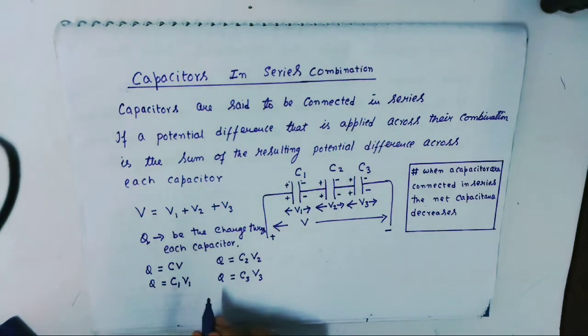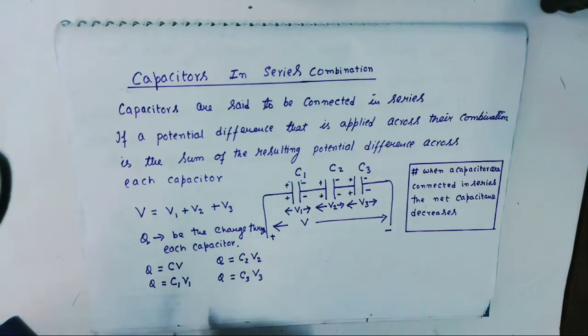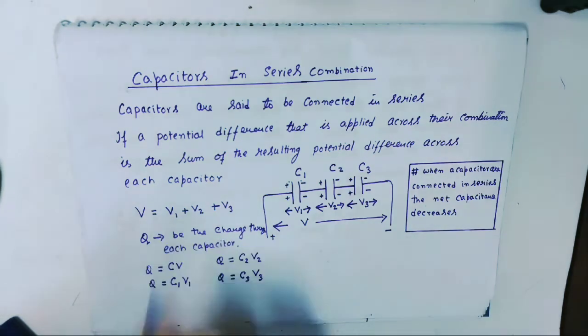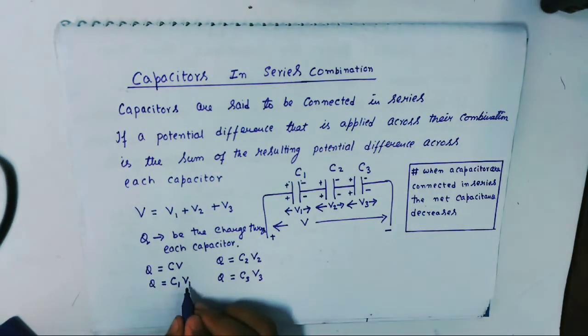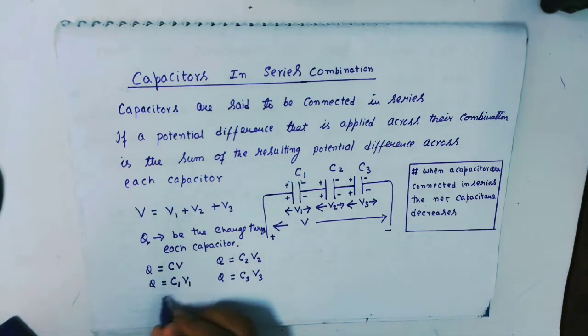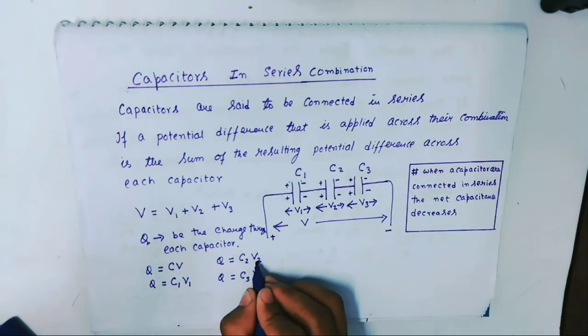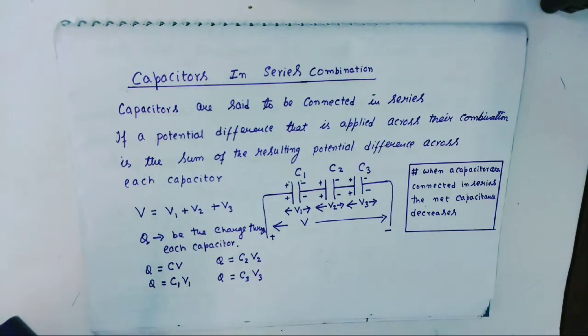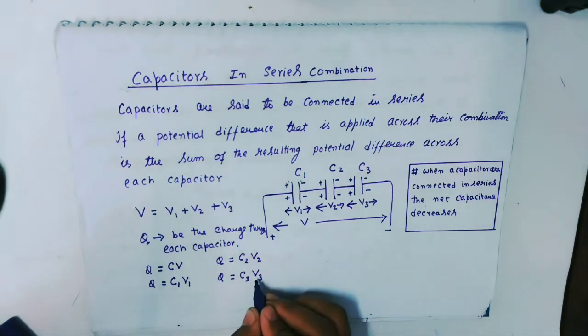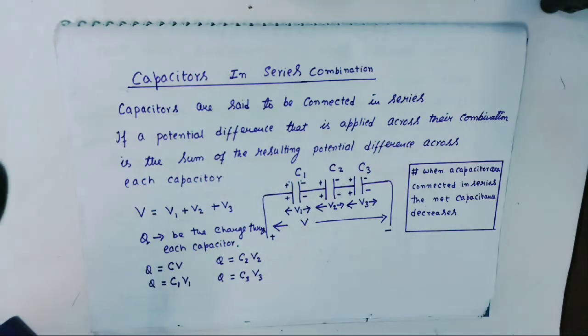So if we substitute this value of V1 in this equation, from here we can see that V1 is Q by C1. Similarly, from here we can write V2 equal Q by C2, and from here we can write V3 equal Q by C3.